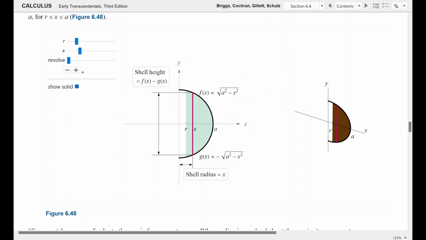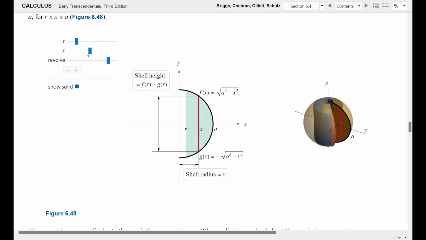If we revolve around, you'll get various shells, one for each point where x is. If I change where x is, you'll get another shell and yet another shell. That's where that formula 2 pi x is coming from.